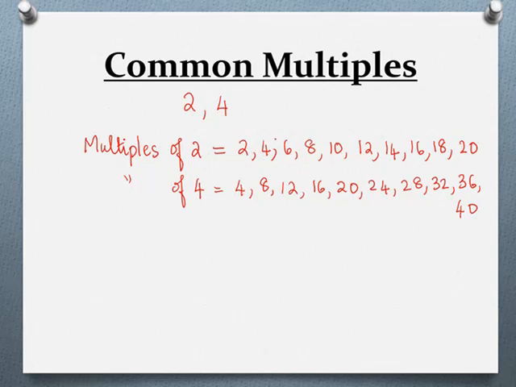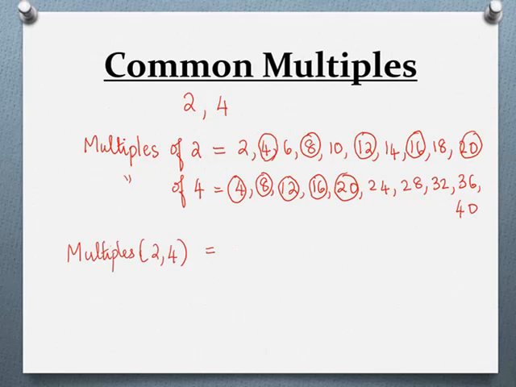So if we find the common numbers, we have 4 is common, 8 is common, 12 is common, 16 is common, 20 is common, etc. So here the first 5 common multiples of 2 and 4 are 4, 8, 12, 16 and 20.